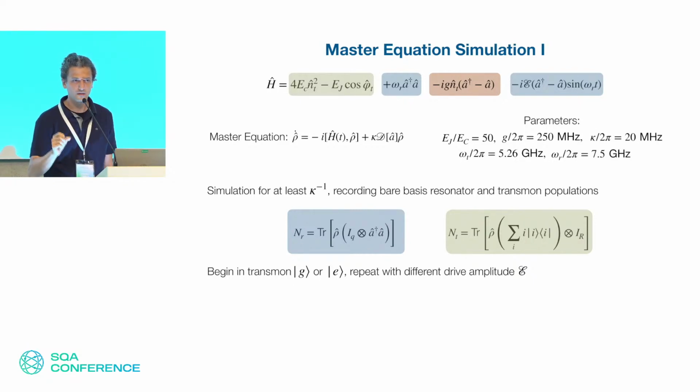You can think of this as the best correspondent to the photon number in the transmon when you have the full nonlinear spectrum of the transmon. And we did something very simple and intuitive. We started the system in either the g or the e state of the transmon, tensor product with the vacuum of the cavity, and then we just did the simulation in order to monitor these two populations as a function of time.